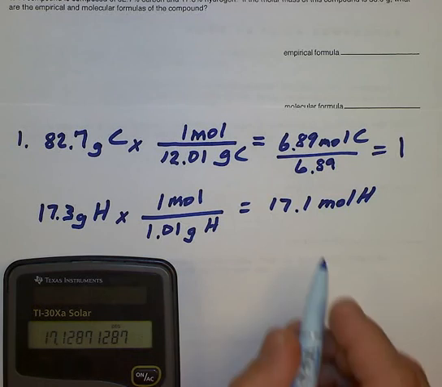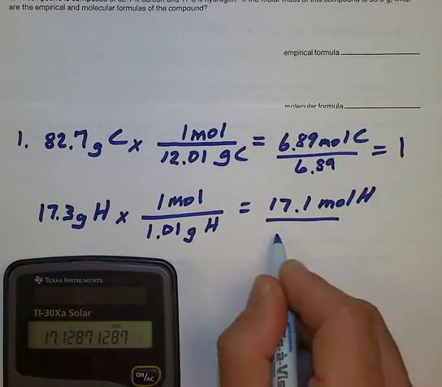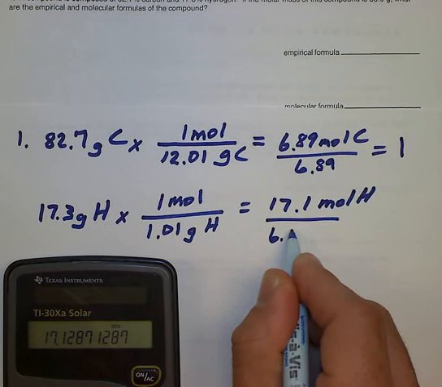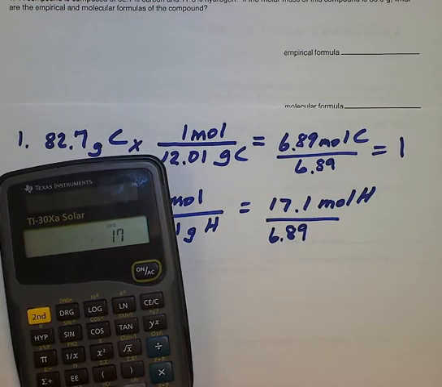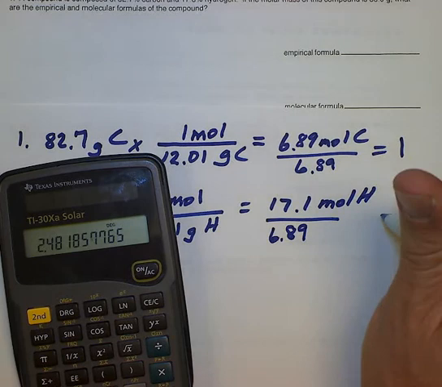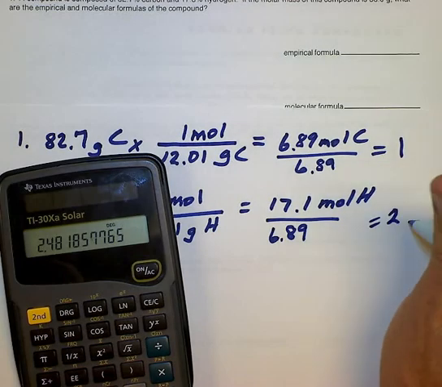We're going to divide 17.1 divided by 6.89. So if we do that, if we take 17.1 and divide it by 6.89, we're going to get 2.48 or 2.5.